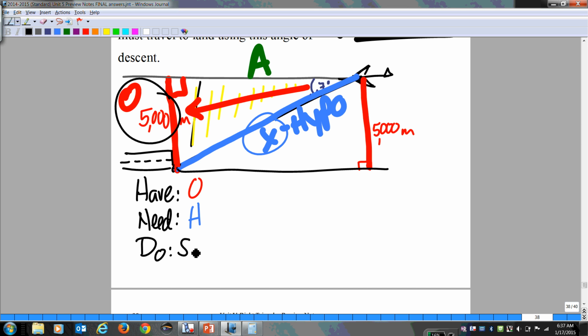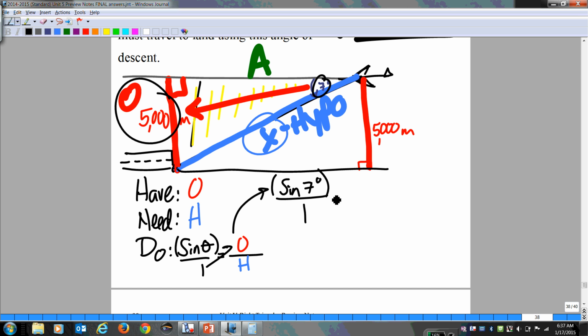You should have written sine of theta over 1 equals opposite over hypo. You do your plug-ins first. We're going to do right up here. It's sine of our angle theta, which is 7 degrees. Notice I did a physical pickup. Over 1 equals opposite, physical pickup, over hypo, x.